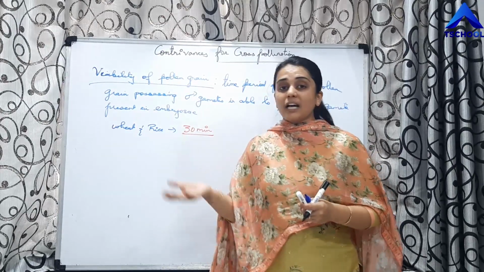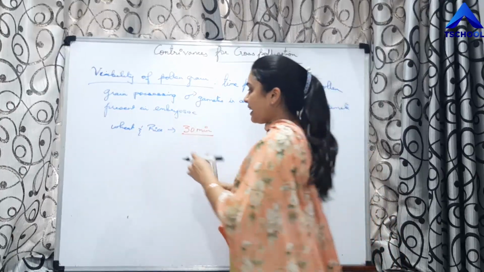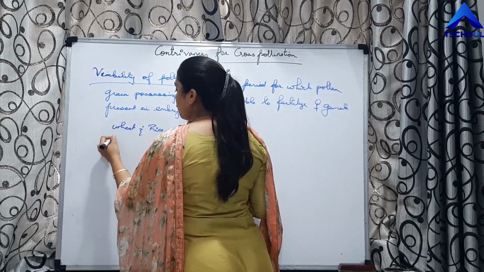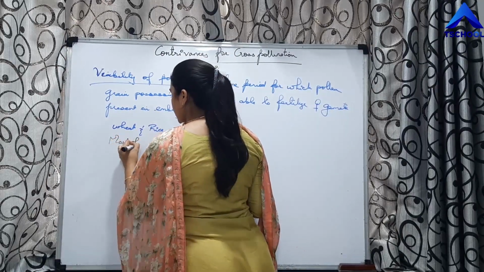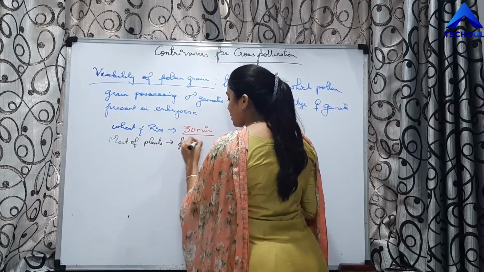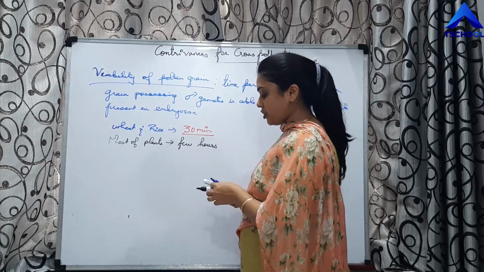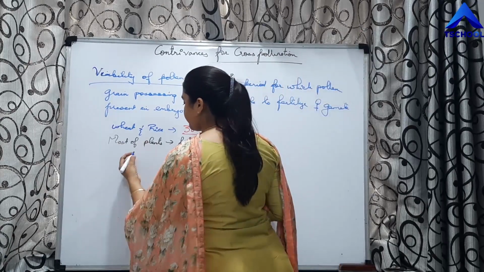After 30 minutes are over, these pollen grains are of no use. Right? Whereas the viability of most of the plants is for a few hours. Right? So that is viability of the pollen grain.